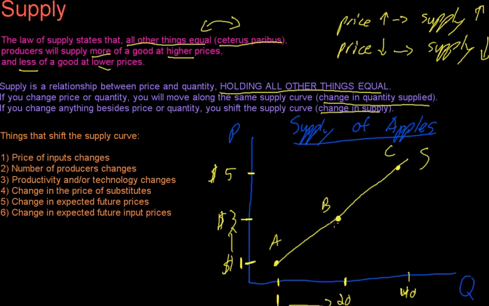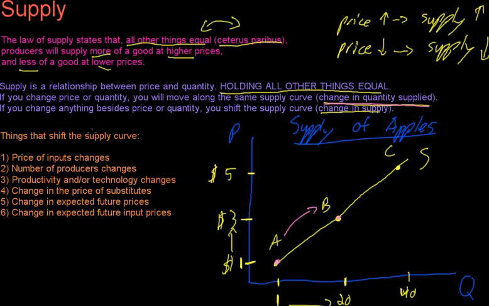Well, probably some farmers are going to shift from farming oranges maybe and go ahead and farm apples. So that will lead to more apples being produced, which would lead to a change in quantity supplied, as we move from point A to point B. Again, that was because the price of apples increased.